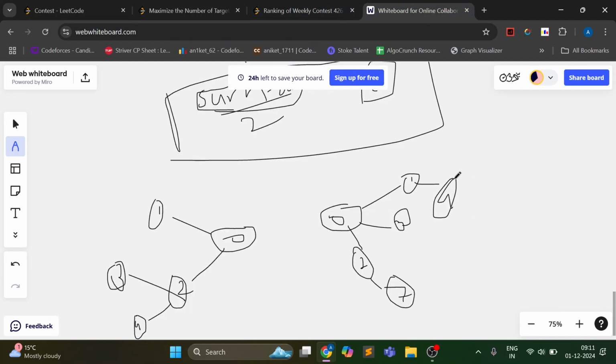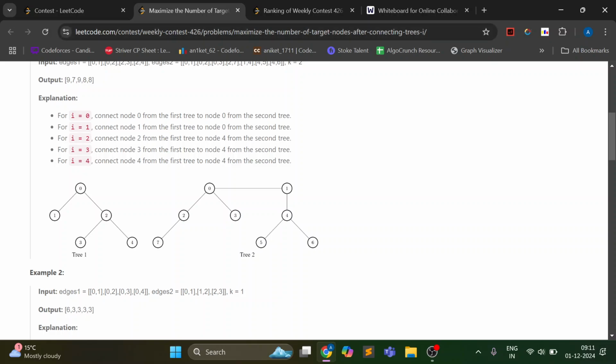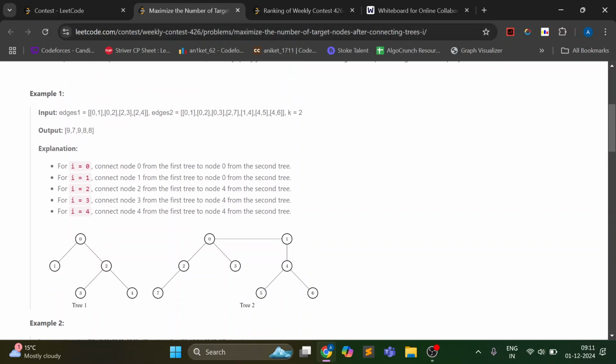Okay. So what we have to do here is, for each I from 0 to n, the number of nodes in the first tree, we have to connect it to one node in the second, such that the total number of nodes, including tree 1 and including tree 2, has a path to the node I, such that the number of edges between them is less than or equal to k.